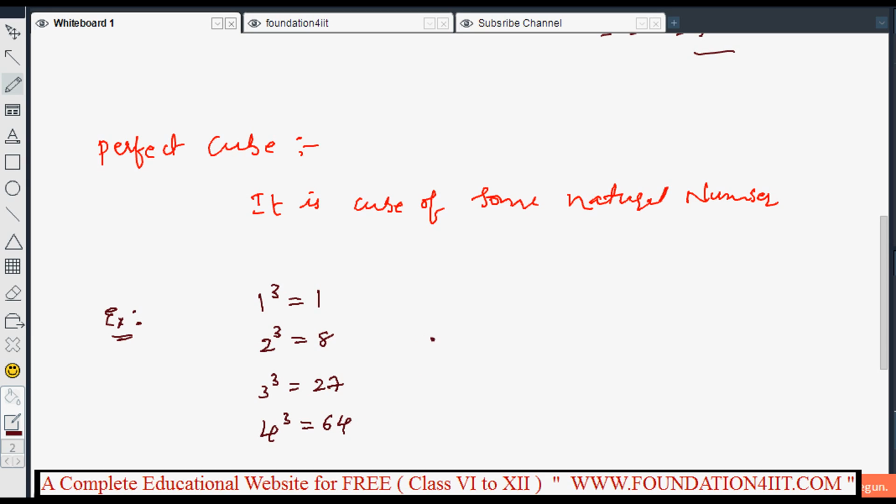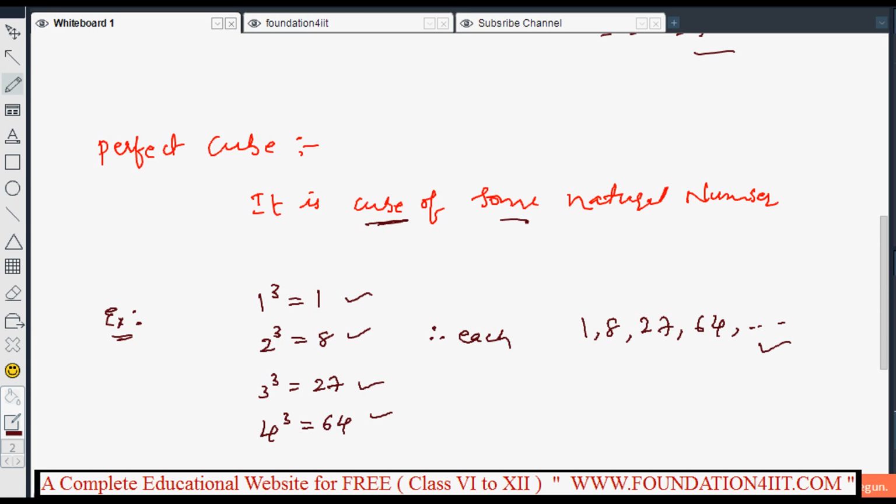Here each of these, 1, 8, 27, 64 and so on, are all perfect cubes. If you take 5 cube, 5 5s are 25, 25 5s are 125. So these are all perfect cubes, examples of perfect cubes.